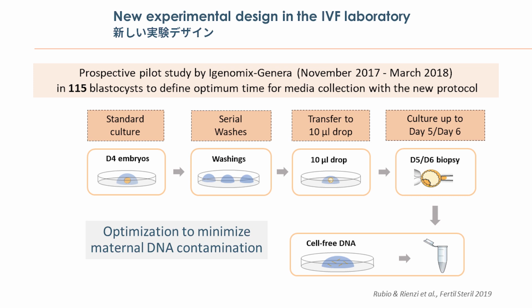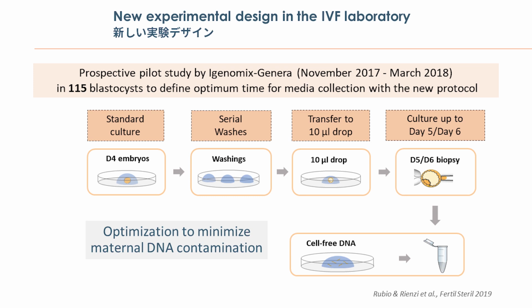You don't need to do ICSI for this approach. The important thing is to decumulate very well the oocytes or the zygotes before fertilization or after fertilization, just to remove the cells. And you can grow the embryos in your regular conditions in the IVF lab up to day 4. And on day 4 is when everything starts to be very important.